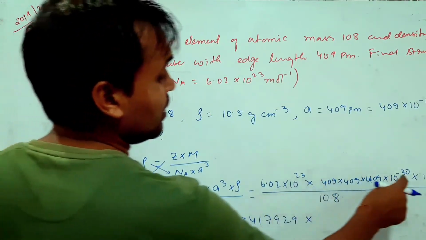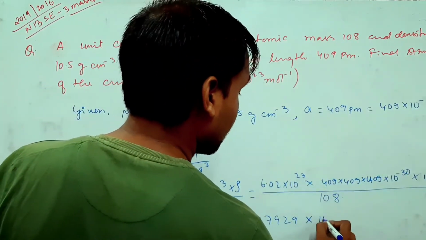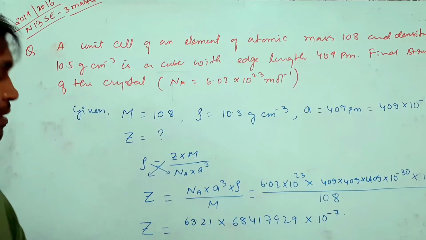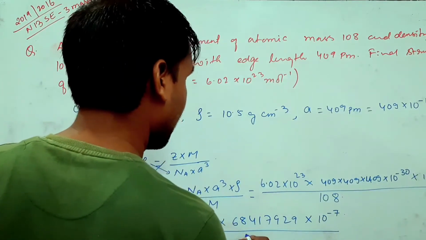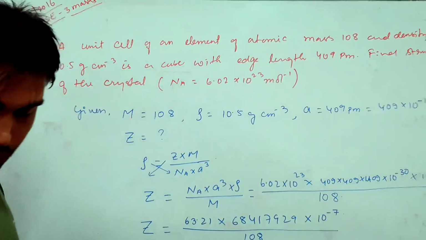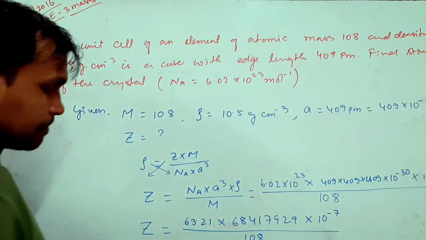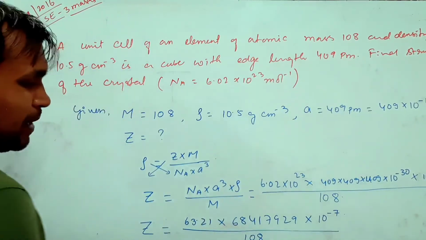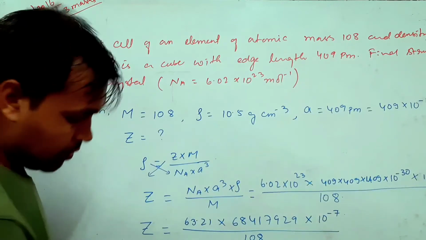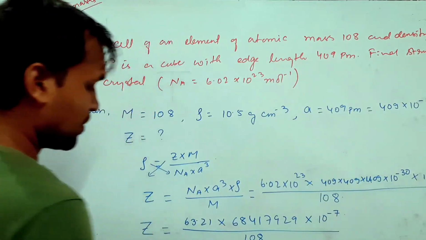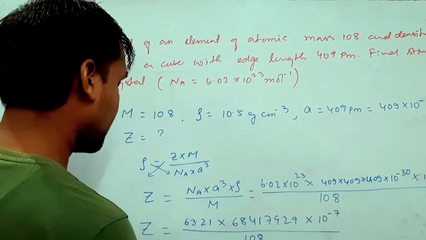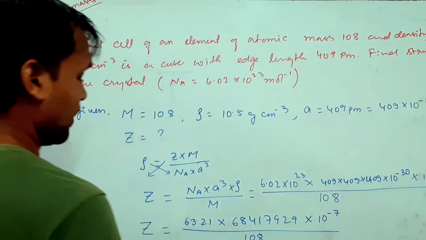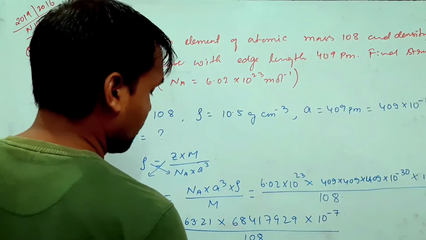Here 10 to the power 23 and here 10 to the power minus 30, so it will be 10 to the power minus 7, divided by 108. When you multiply and divide, you will get around 4.004, which is approximately 4.